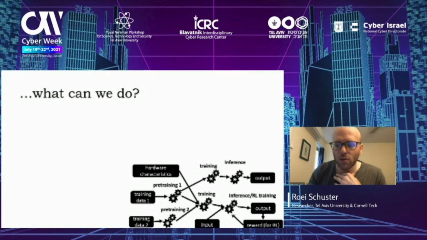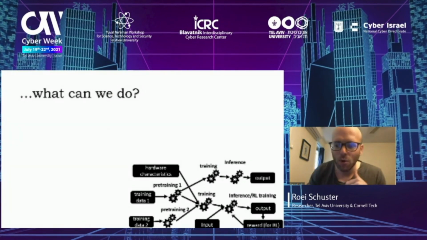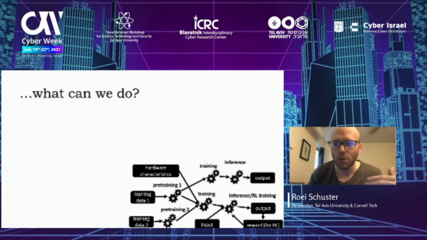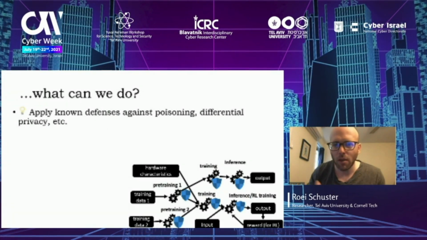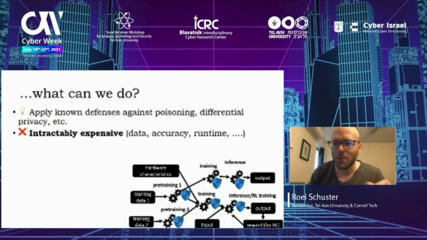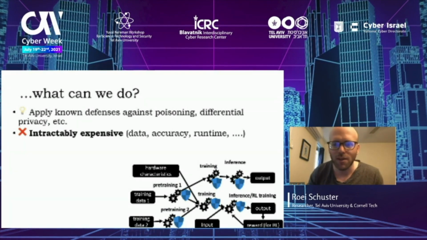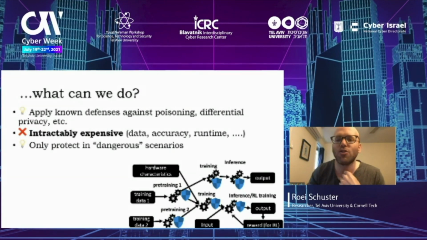So I've covered leakage and poisoning, and I want to end on a slightly more positive note of what we can do about all of these problems. There are known defenses against poisoning, but the problem is that they are expensive and we can't just apply them everywhere. That's just not going to work. So we could try to only protect in dangerous scenarios.